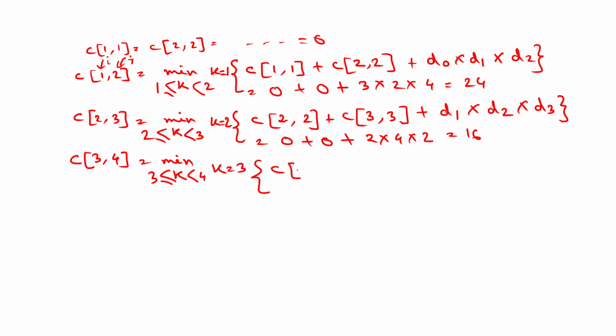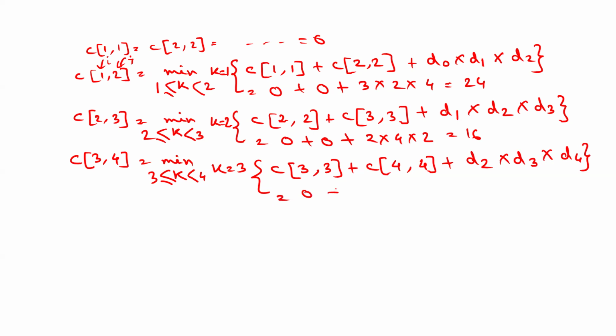C(i), here i equals 3, k equals 3, plus C(k+1), that is 4, and j is also 4, plus d(i-1). Here i equals 3, so i minus 1 is 2. dk, k is 3, and dj is here 4.